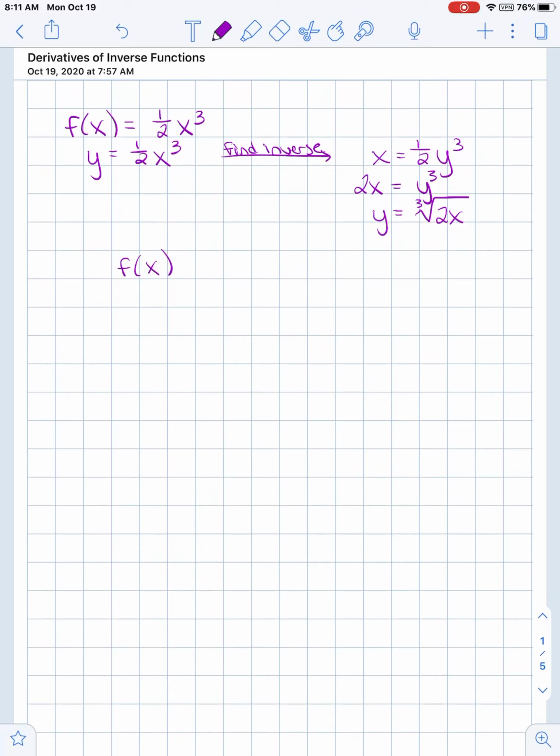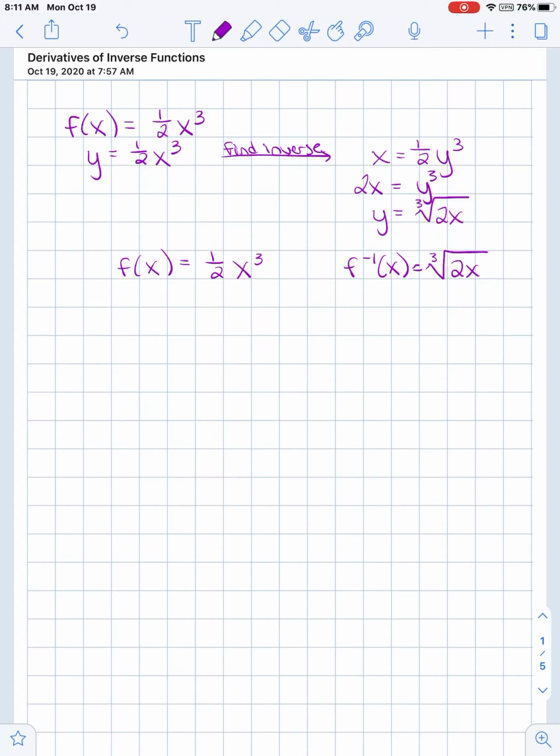The way we write this then, that the function is 1/2 x cubed and the inverse is the cube root of 2x. Okay? That -1 power does not mean 1 over the function, that means the inverse of the function. A little confusing, but that -1 means the inverse of the function.